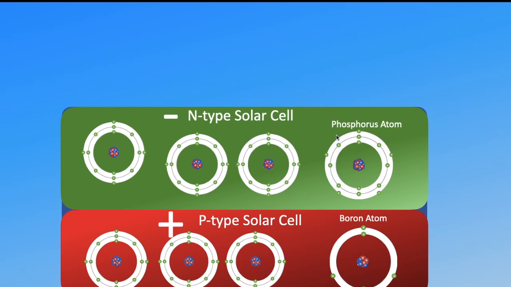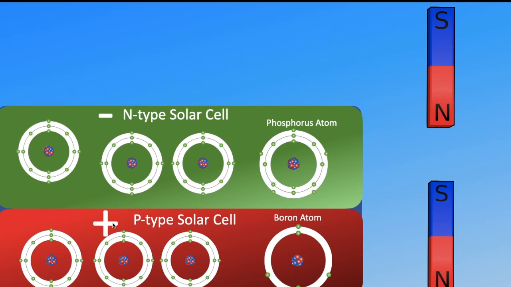Now, phosphorus has extra electrons. So we're adding extra electrons to this, which therefore gives it a negative charge. The positive one, however, we are giving it fewer electrons. The solar cell wants to have an overall neutral charge. So what we call this is that we have holes. And the holes are the missing valence electrons that if we did have, it would be neutral.